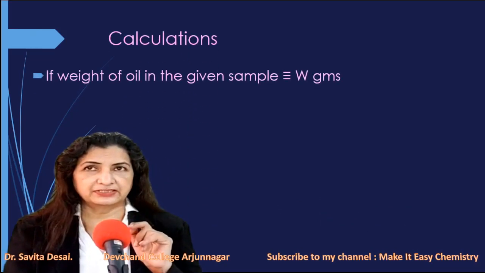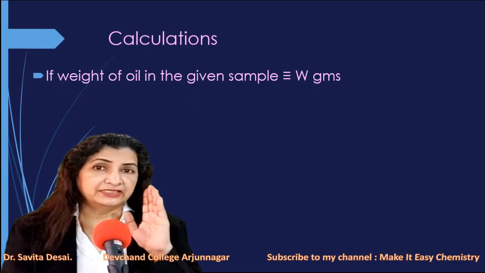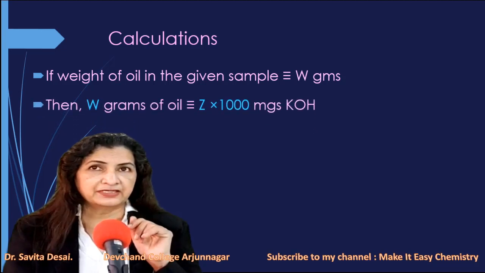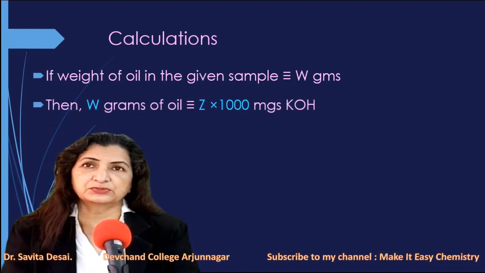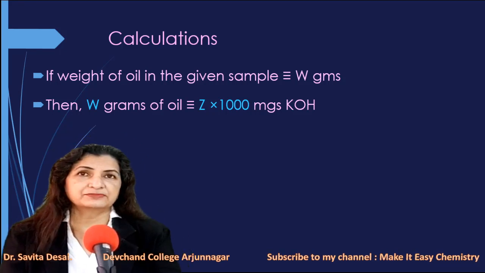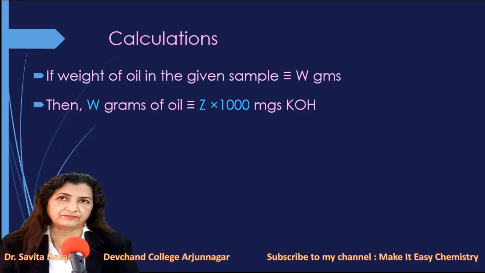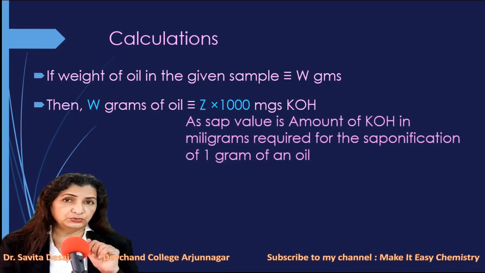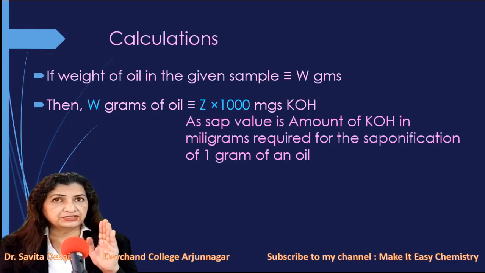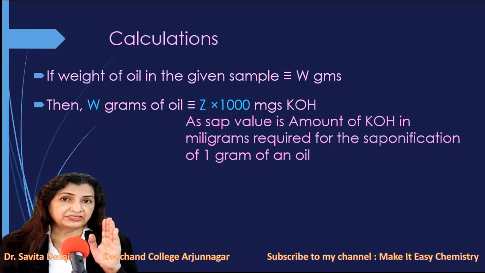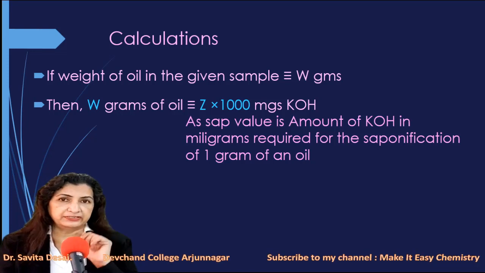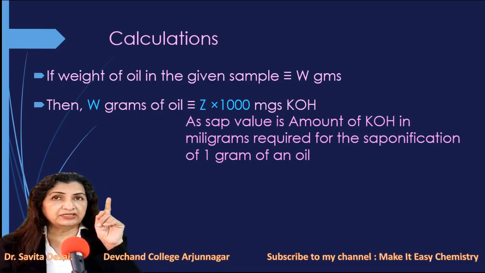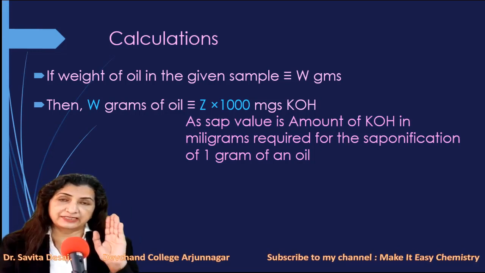The calculations further: if the weight of the oil in the given sample is W grams, then W grams of oil corresponds to Z into 1000 milligrams of KOH. As saponification value is nothing but the amount of KOH required for saponification of 1 gram of an oil, that amount of KOH must be in milligrams. So W grams of oil corresponds to Z into 1000 milligrams of KOH.